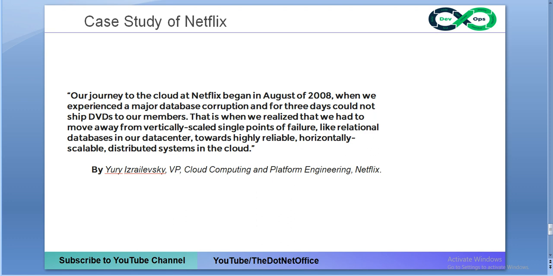For that purpose they use DevOps because it is a continuous process for everything. And in the description section you can see the link where you can read more about the major case study of Netflix.